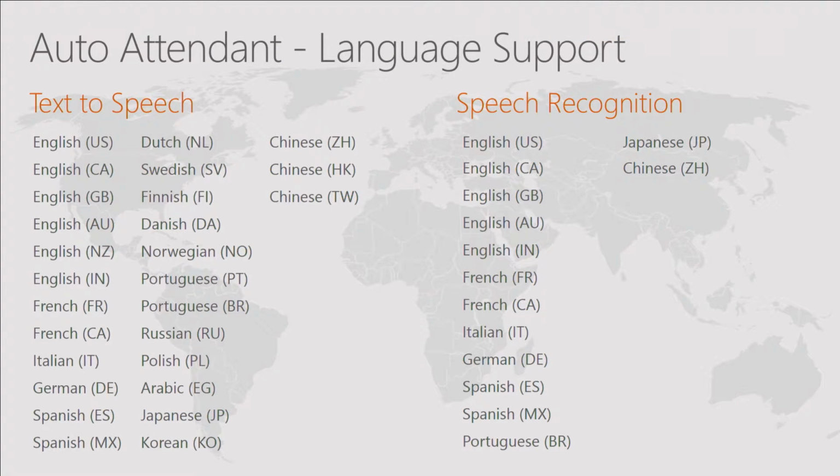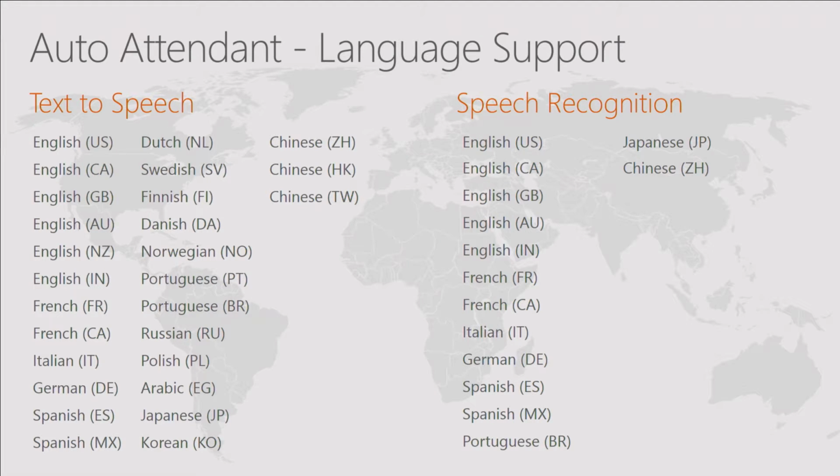And as promised, here is the full list of languages that we support for text-to-speech and speech recognition. We support almost all variations of English. We support French-Canadian. We support Italian, German, 2 variations of Spanish, Mexico. Spanish Mexico is on the list as well.